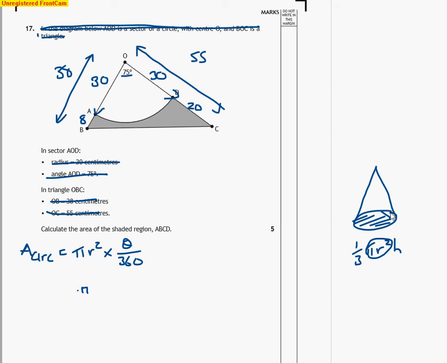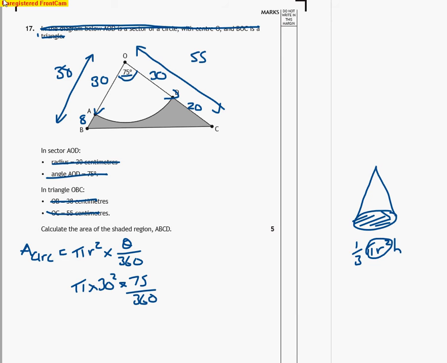Let's substitute in. So we've got pi times the radius, which is 30 squared. Theta is 75 divided by 360. So as I said before, the 75 over 360 is ratioing it, okay?